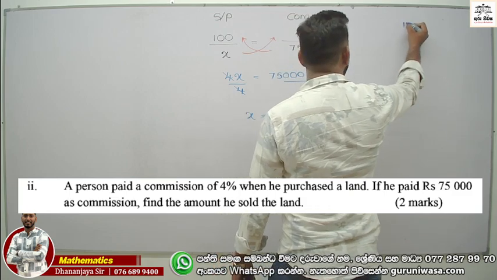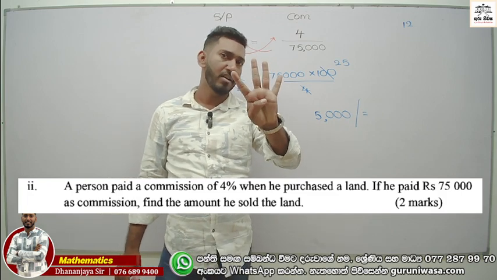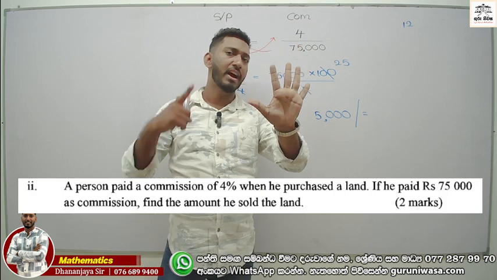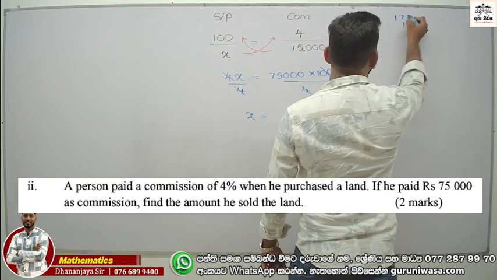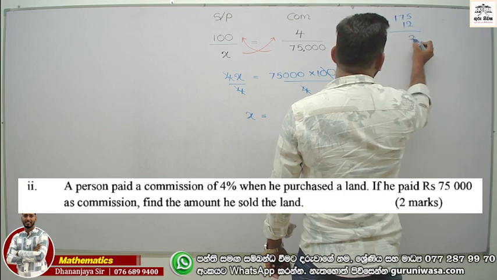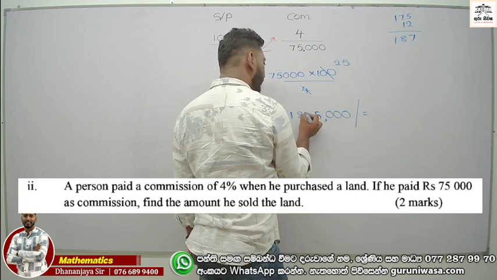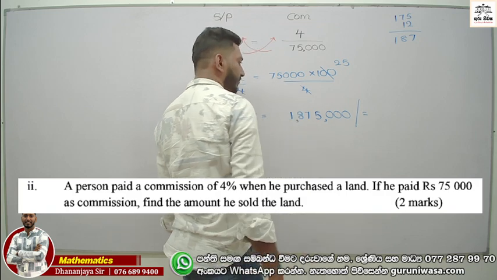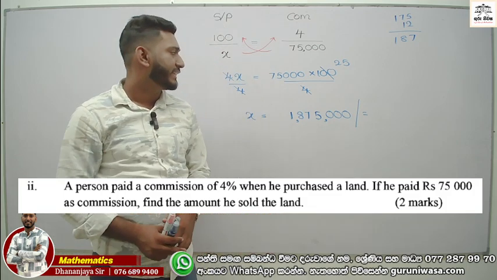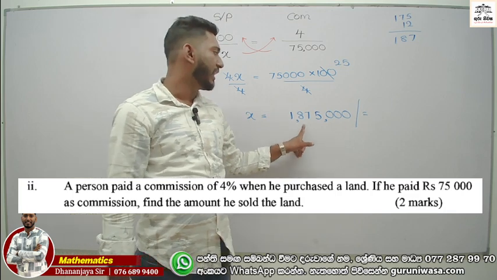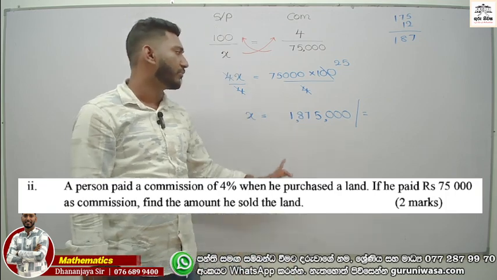Now we have 12 remainders. 25 times 7, and we know 25 times 4 is 100. 125 and 150, 175, and 175 plus the 12 should be 187. Now this is the value of the land, 1,875,000, like 1.875 million.